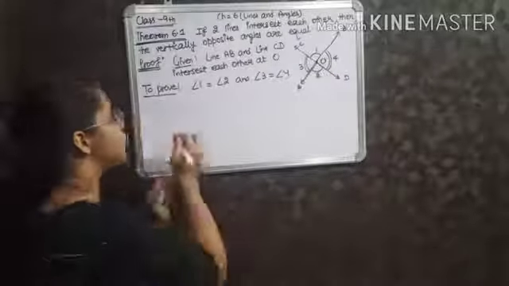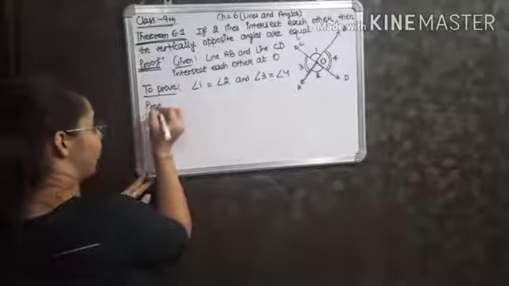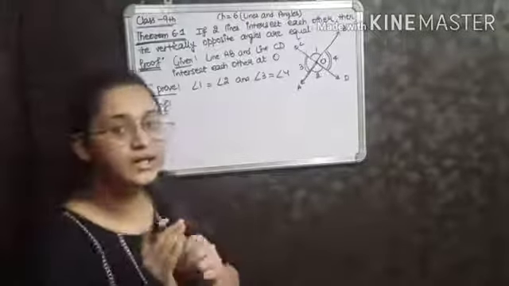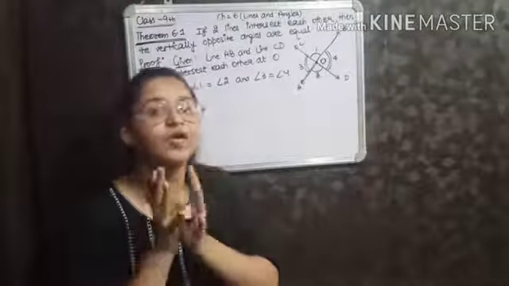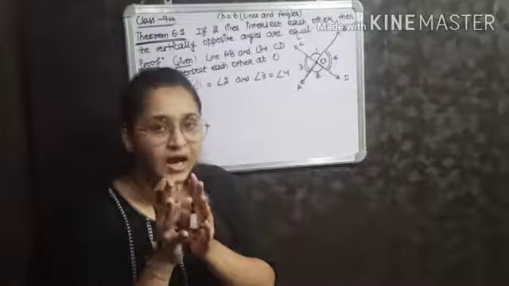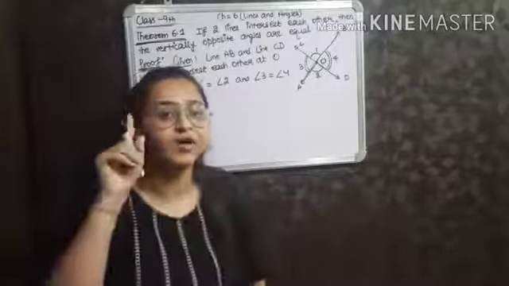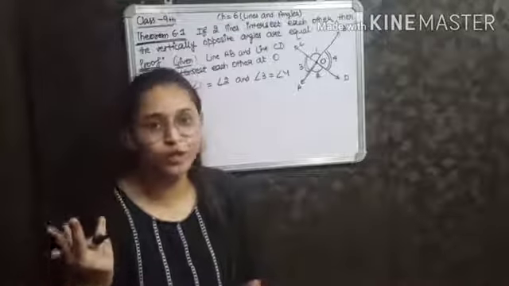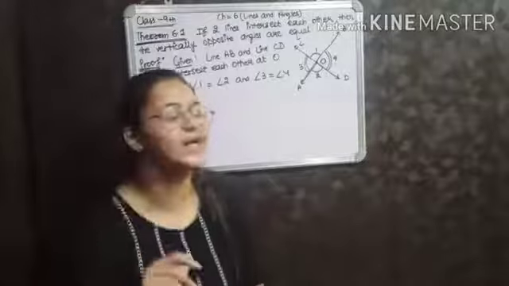Now, how will we proceed? First of all, write proof. Now see, according to the linear pair axiom that we have discussed, if a ray stands on a line, then the sum of two adjacent angles is 180 degree.